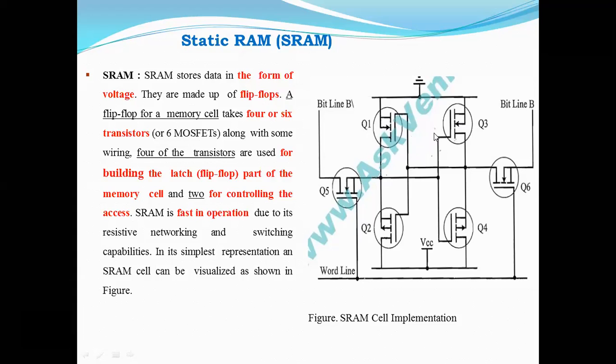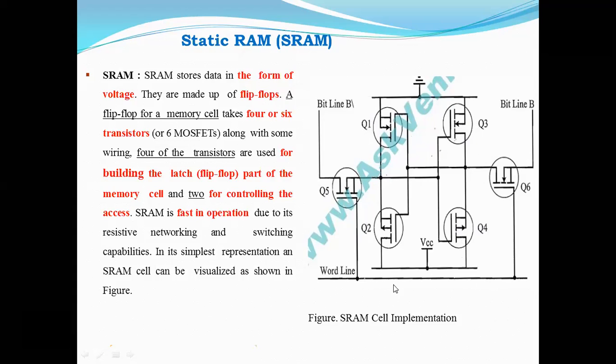There are a total of 6 MOSFET transistors, 4 in the middle and 2 at the left and the right. MOSFET means metal oxide semiconductor field effect transistor. Basically these transistors store the data. Using this, the static RAM has been designed.